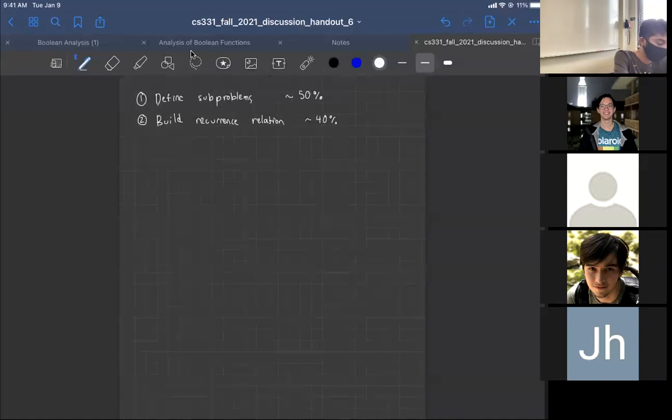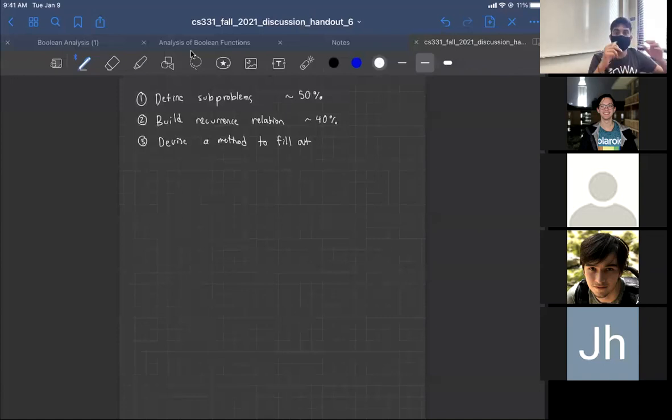And the third thing is you want to devise a method to fill out the table. At this point, you're going to be maintaining a table or array or a list, however you want to structure it, of subproblems and their solutions.